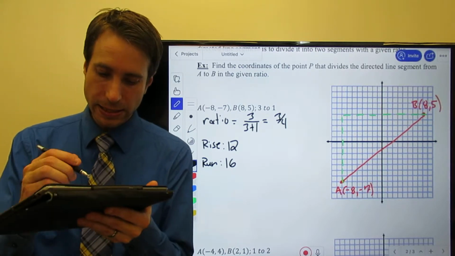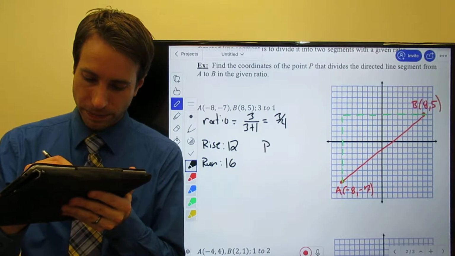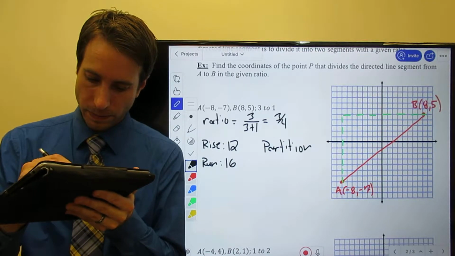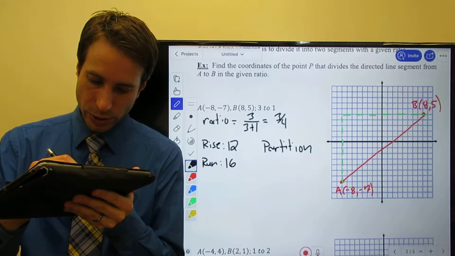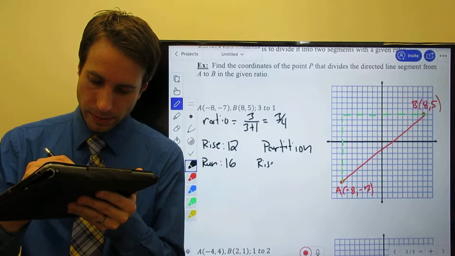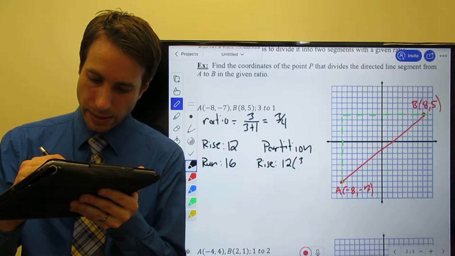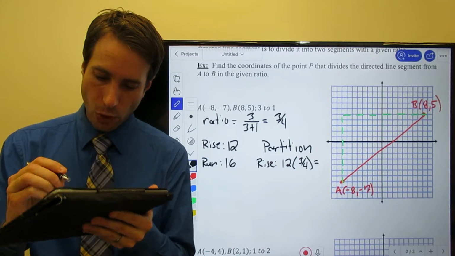Okay, here we go. So to find my partition, we're simply going to take the rise, which was 12, and multiply it by 3/4.